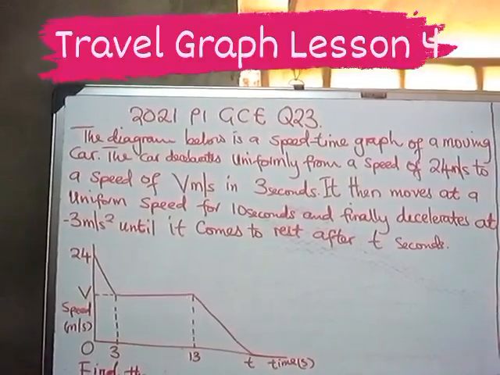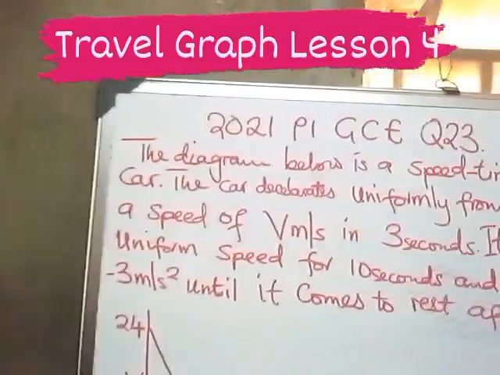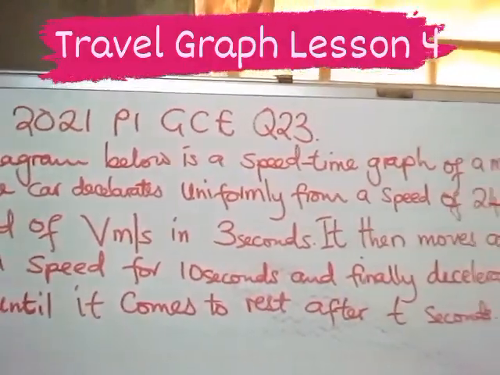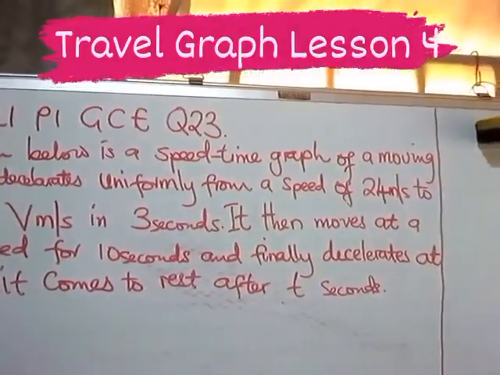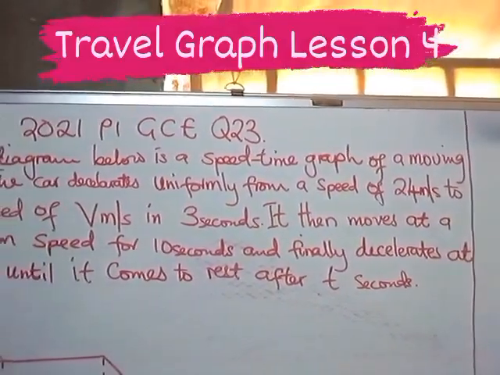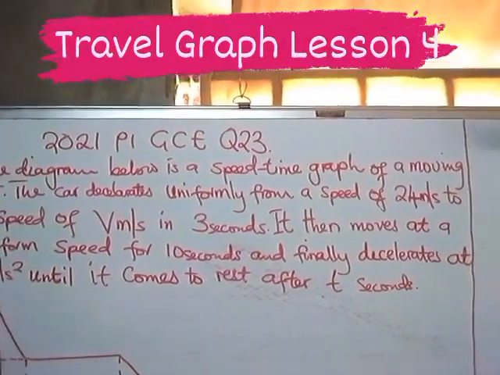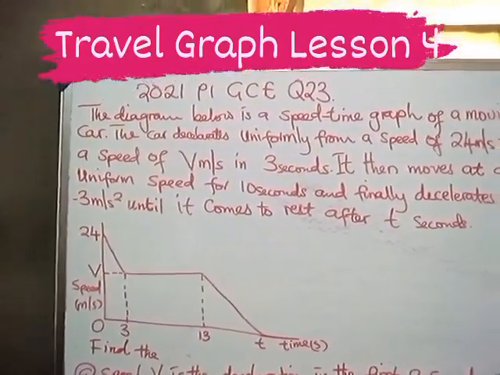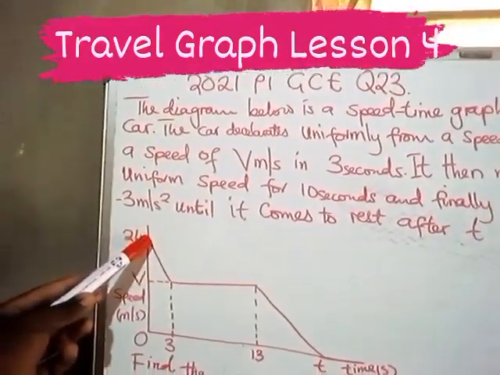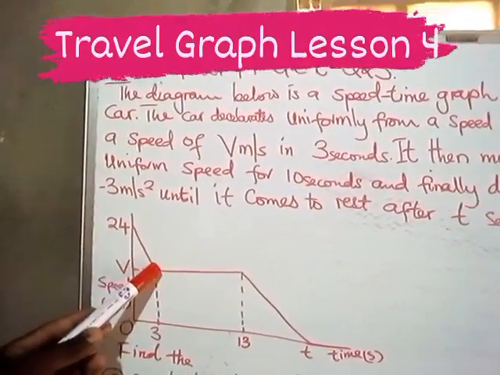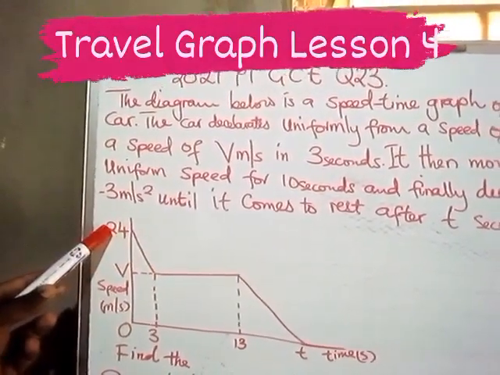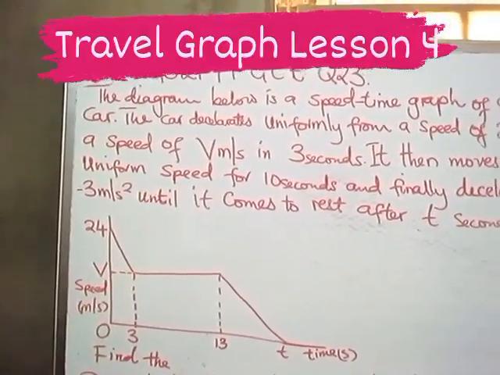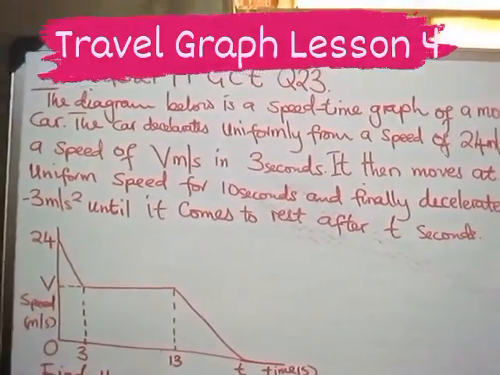It continues by saying the car decelerates uniformly from a speed of 24 meters per second to a speed of v meters per second, meaning from this point here up to this point, the speed here is 24 meters per second, and this speed here is v, in 3 seconds.